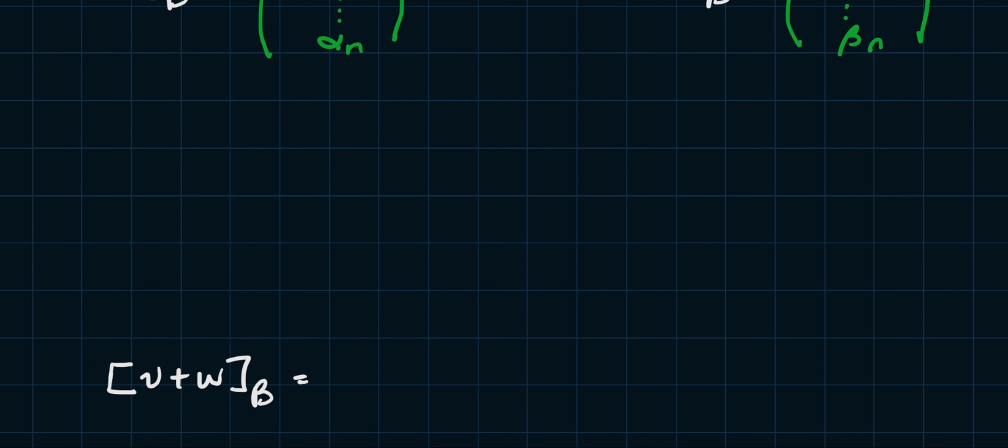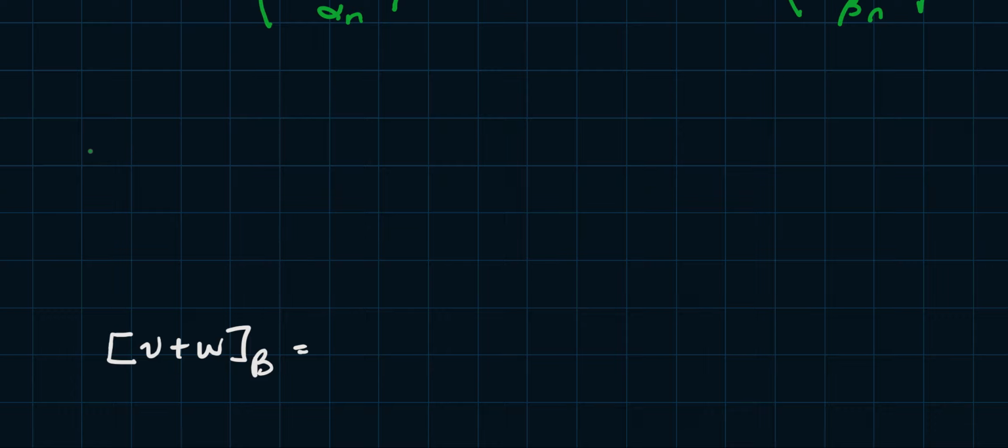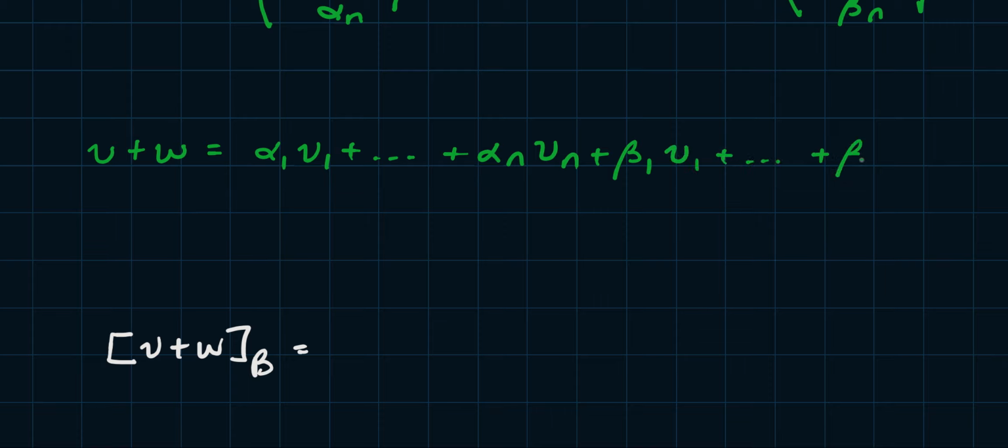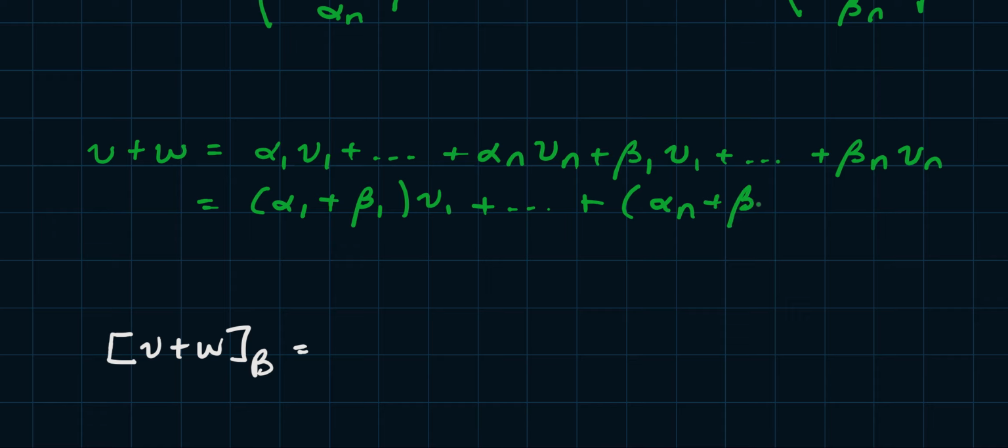What if we add these? Well, we know if we add v and w, we'll get alpha 1 v1 all the way to alpha n vn plus beta 1 v1 all the way to beta n vn. This is going to be equal to (alpha 1 plus beta 1) v1 all the way to (alpha n plus beta n) times vn.